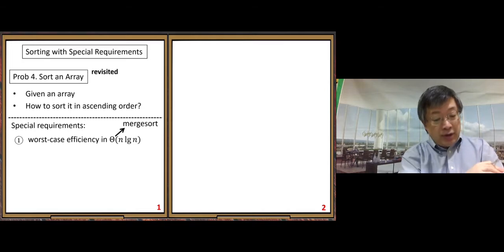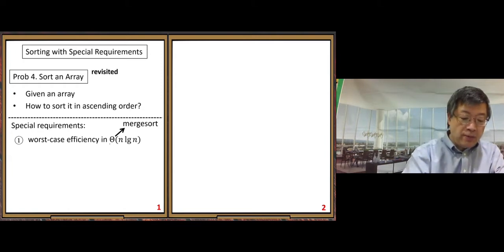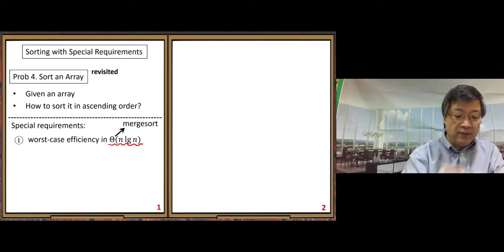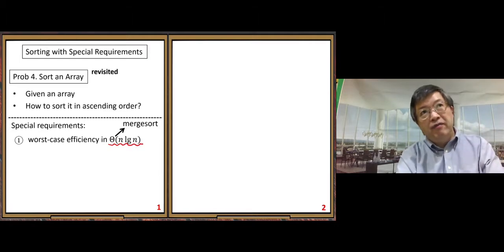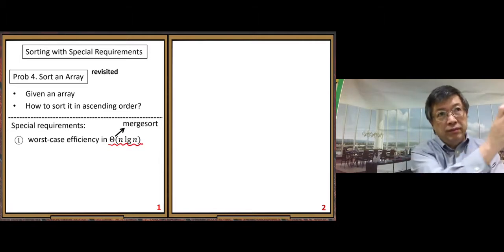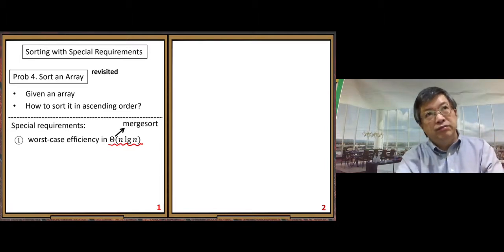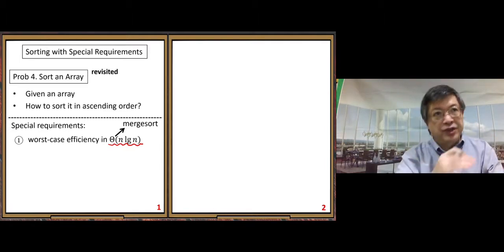For this requirement, we know the merge sort can avoid that. The merge sort, its worst case efficiency is this one. Other than the merge sort, the other 4 sorting algorithms cannot satisfy this condition.